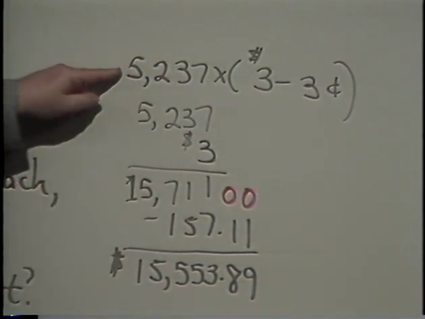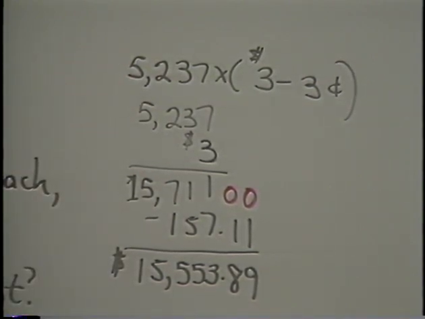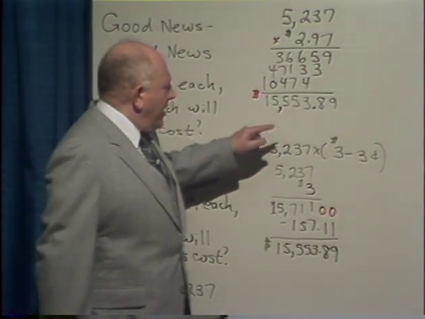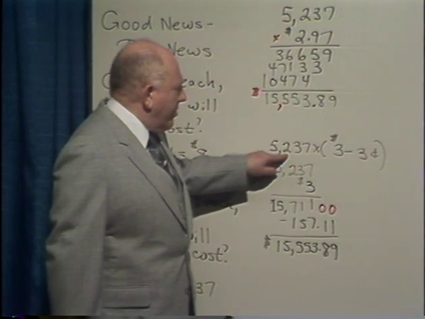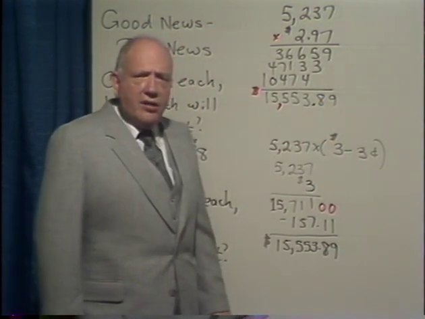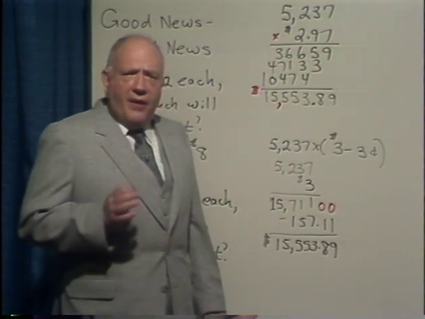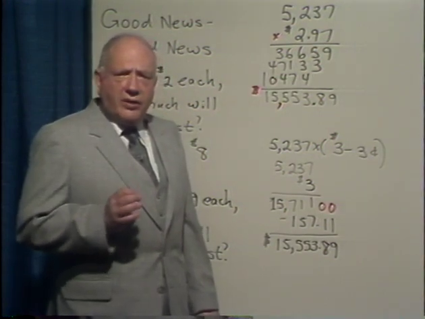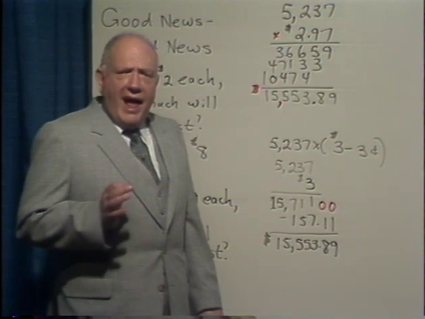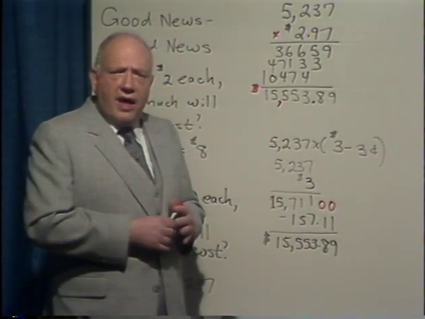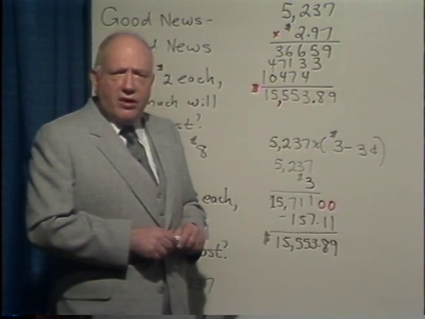And by the way, this is a good way to do the problem, even if you have a calculator. Because even with the calculator, you say, look, this is roughly 5,000 pens. This is roughly $3, so roughly the answer should be $15,000. And that's not a bad thing to know even when you're using the calculator, because it gives you an estimate of what kind of an answer you're looking for. It helps you guard against those mistakes that can be really tragic, so to speak.